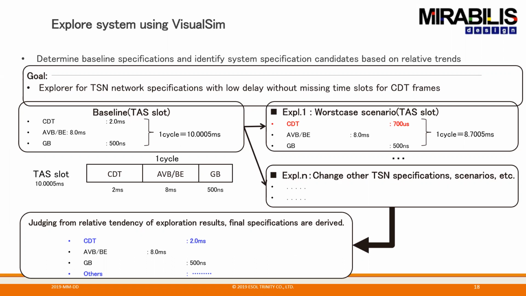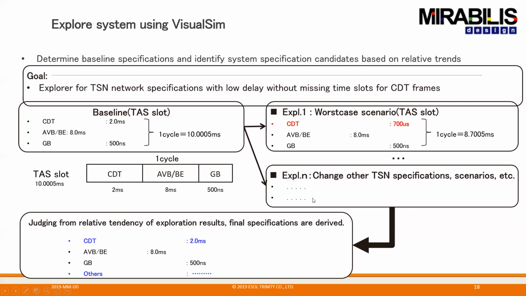Now, what we're trying to do is see if we keep increasing the amount of workload, increase the number of devices, increase the number of sensors, at what point does the system break down? So here, for example, you can see that this is the baseline, and that was the worst case scenario for the time-aware shaping slots. So you can actually see what should be the best case over here, and you can see what the configuration should be for that.